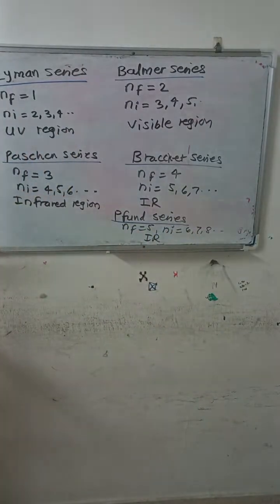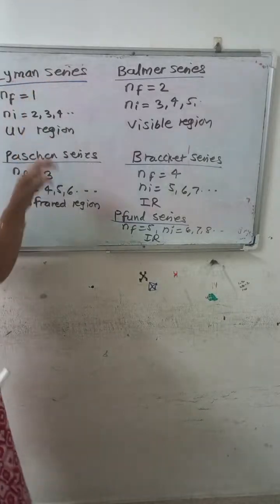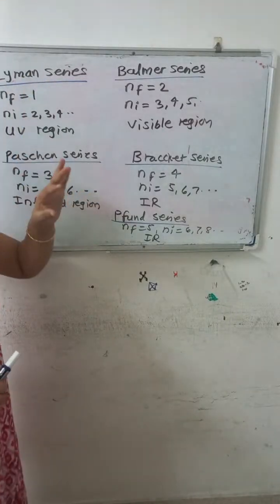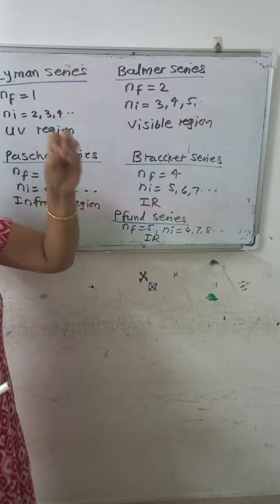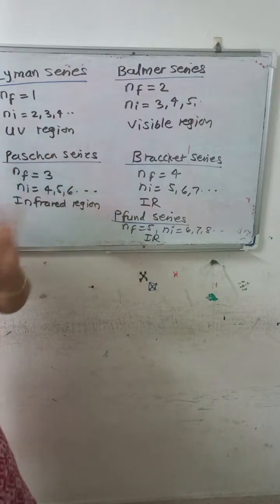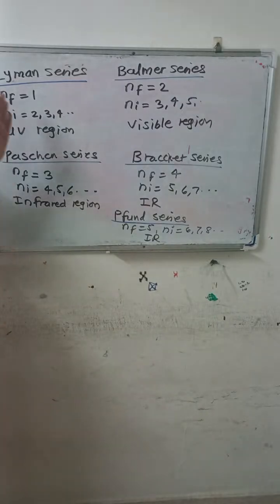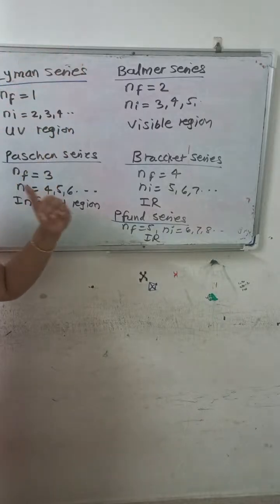What we have to remember, always remember this in sequence, don't miss, otherwise you can forget all the n final. Once you know the n final, then the calculation is very easy. In Lyman, the electron jumps from infinite to the first orbit.